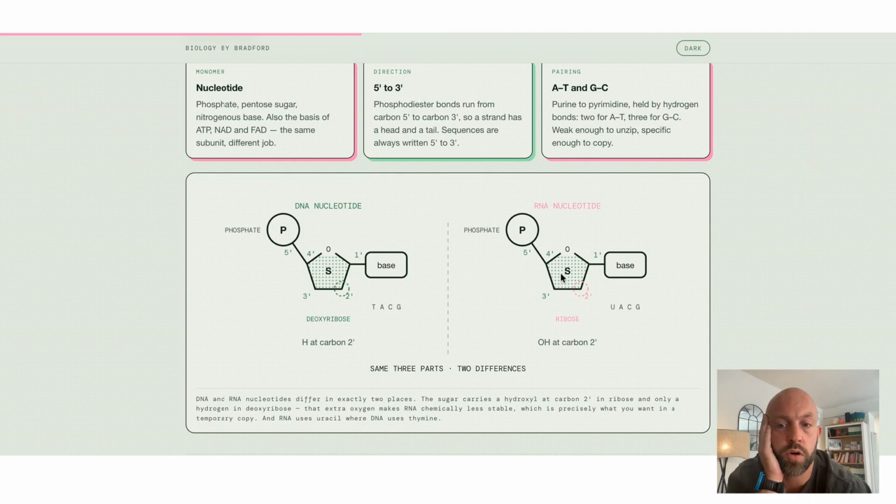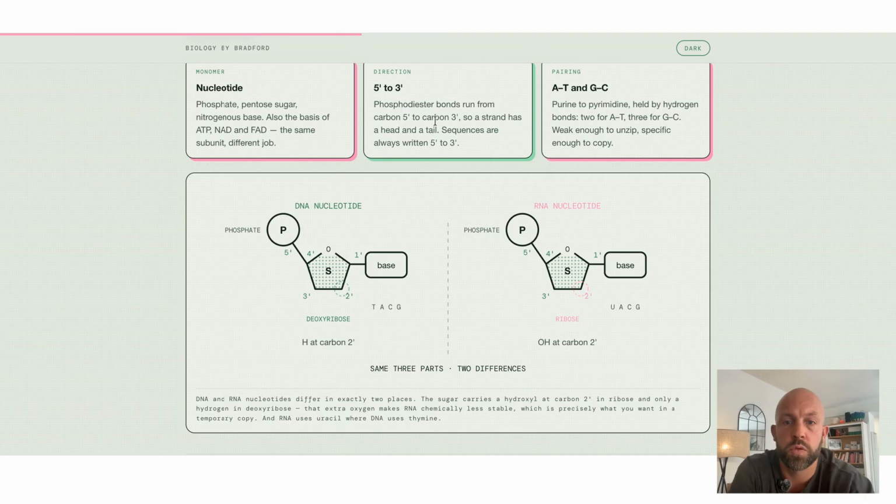Now, it's really important to number our carbons, 1, 2, 3, 4, 5, because when we talk about nucleotides and then we talk about transcription, translation, protein synthesis, we're thinking about the movement of enzymes in certain directions from like a 5 to 3 end, or some things happen in a 3 to 5 end. Now, here you can see the phosphodiester bonds run from the carbon 5 to 3.